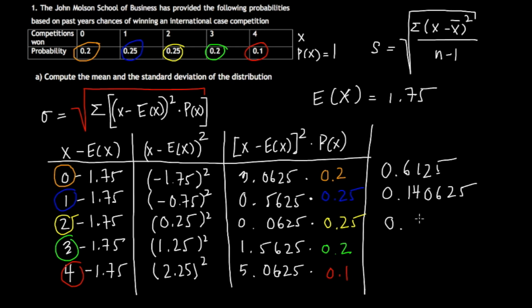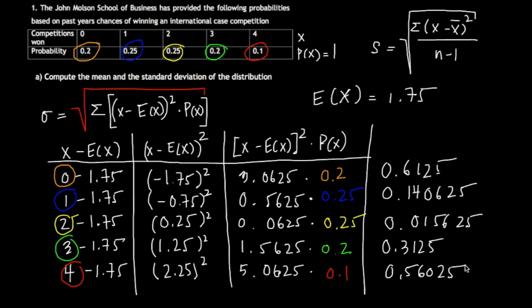Then we have 0.015625. Then we have 0.3125. Then we have the last one here, 0.56025.